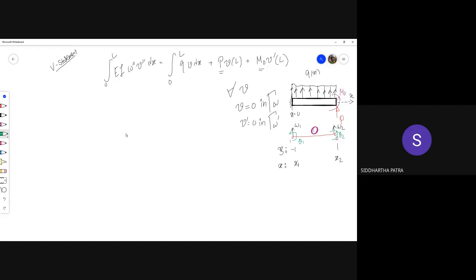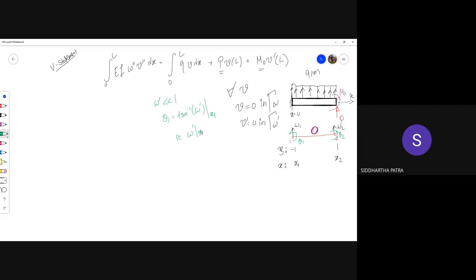Okay, and since the beam deflects, we have done all the assumptions associated with Euler-Bernoulli beam theory, including W prime is much smaller than 1, which basically means that theta 1 is tan inverse of W prime evaluated at x1 originally, which is approximately W prime at x equal 1.